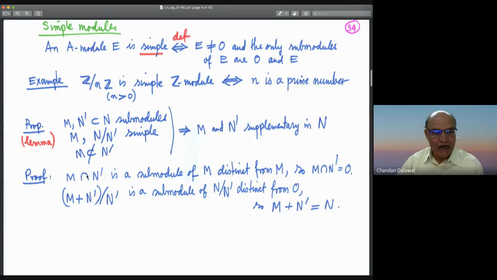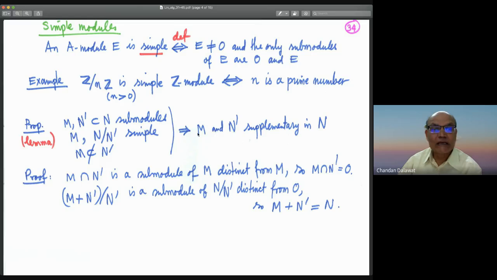Now here is a small lemma which I've stated here because I'll need it in the proof of the next theorem. It says that if I have a module capital N and two submodules M and N prime, such that M is simple and N modulo N prime is simple, and M is not contained in N prime, the claim is that then M and N prime are supplementary submodules of N. So what do I need to show?